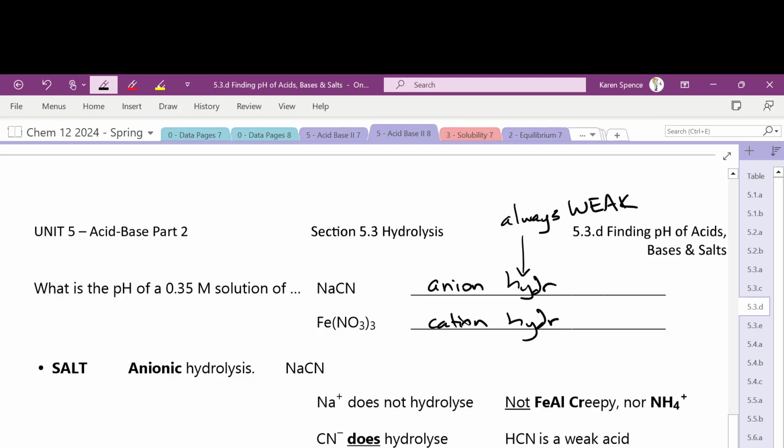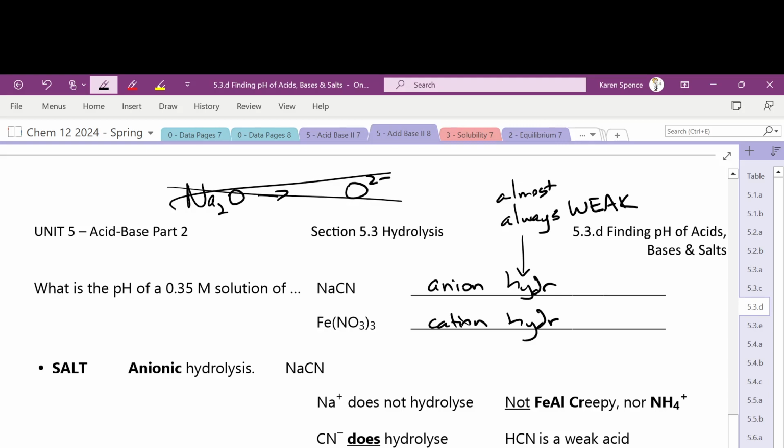If you had Na2O, Na2O would dissociate and you'd get O2-, which is a strong base. But we're just going to pretend we don't know about that one because it doesn't happen that often.